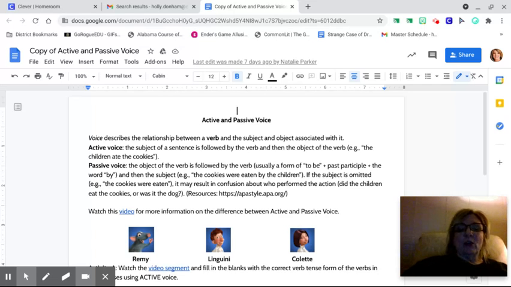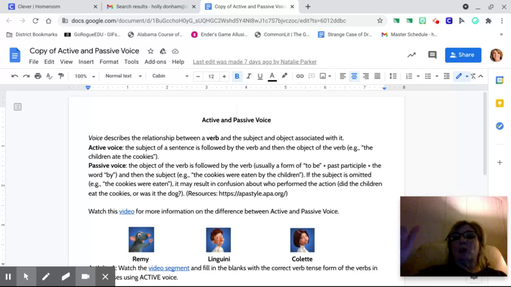So when you want to do a passive voice, you're basically just changing the subject and putting the object in the front of the sentence and making it the subject. The cake was baked by me, or the book was read by John. Remember, book is now the subject. It can't read itself, so it's being read by someone else.